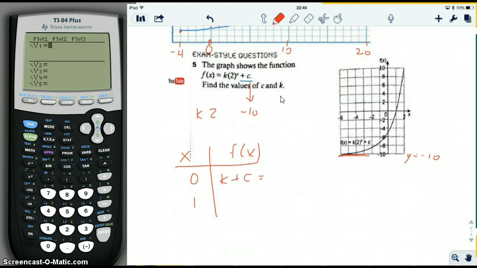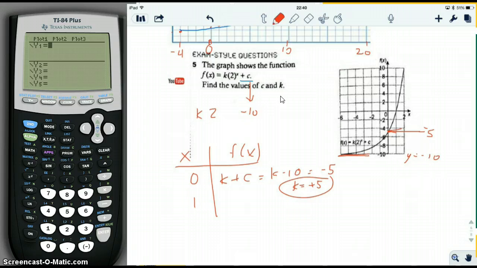And k plus c is equal to k minus 10. And it looks like at x equals 0, we're at about -5. So that means k minus 10 is equal to -5. We'll add 10 to both sides, and that'll give us plus 5. So k is equal to +5.